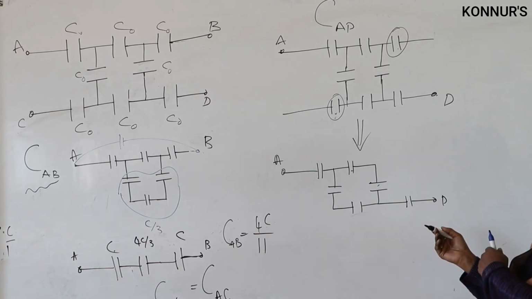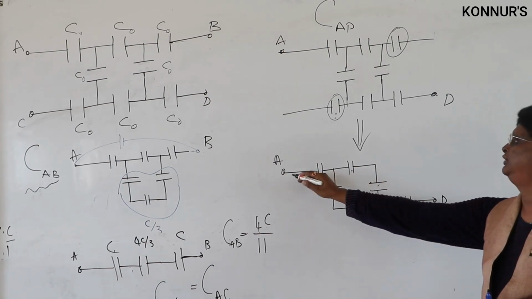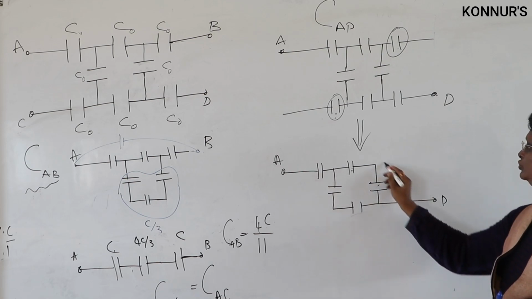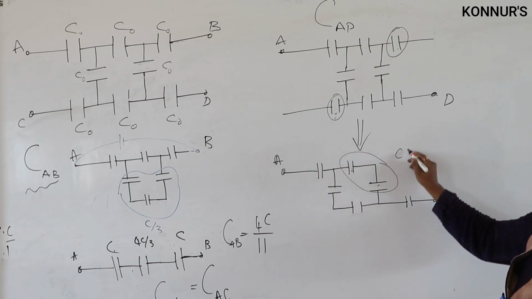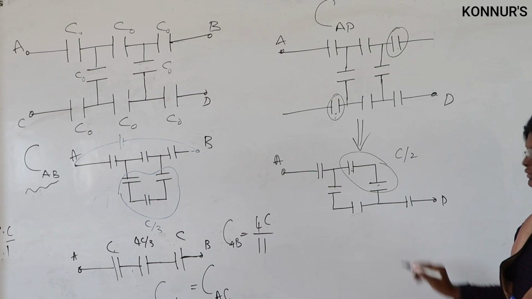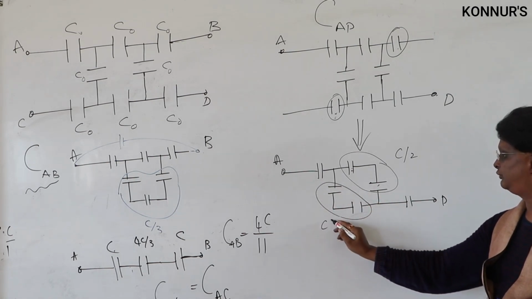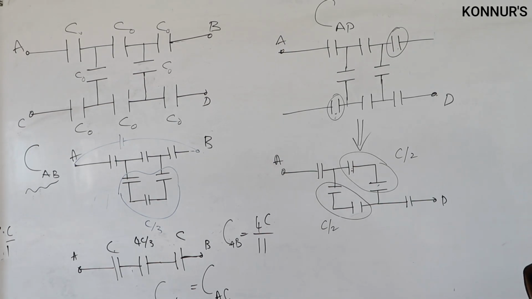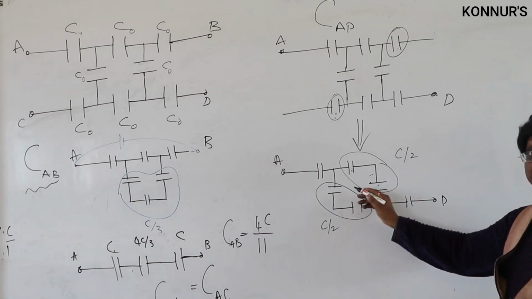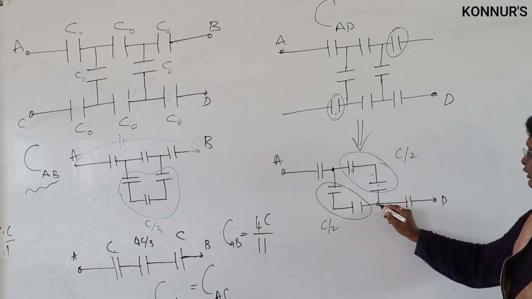Now in this case, what do you observe? When you are following from A to D, these two are in series. Therefore, C and C in series, C by 2. Again, these two you will find as C and C in series, so this one is also C by 2. And these two are in parallel between these 2 points, with common PD.